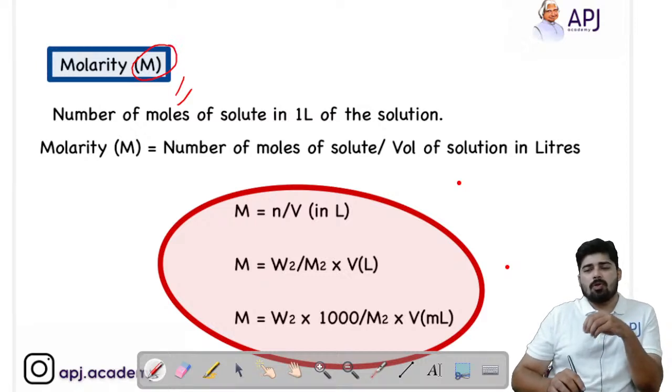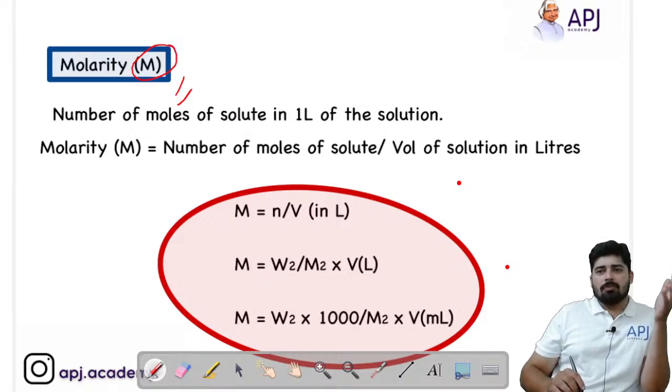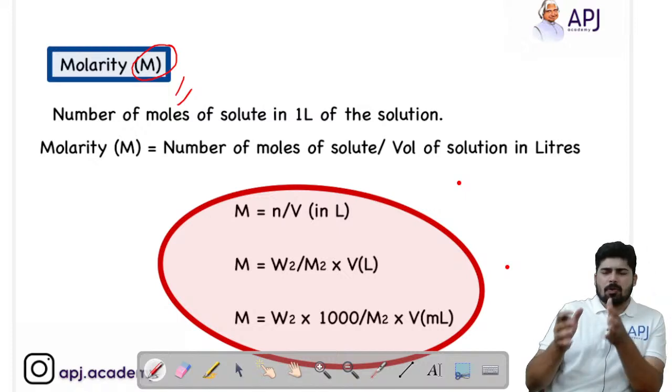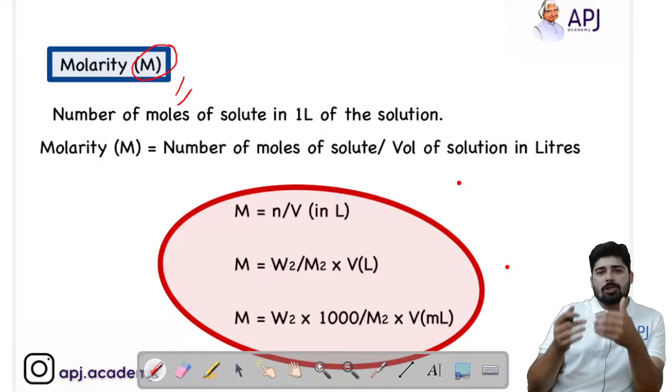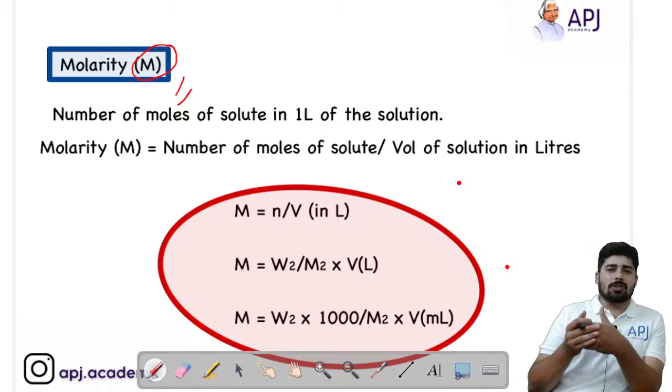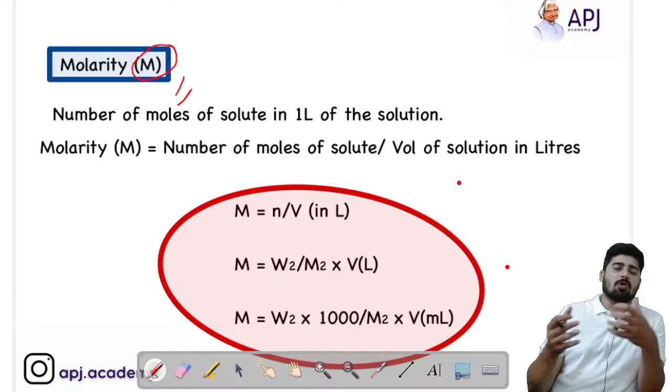So students, what do you mean by molarity? Before getting into molarity, let me ask you a question: why are we using concentration terms? The strength of solutions is determined by using concentration terms.